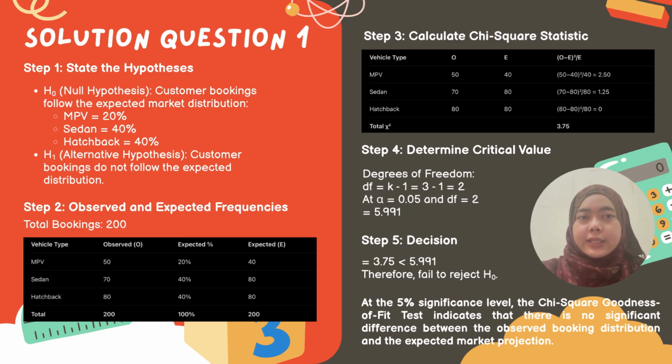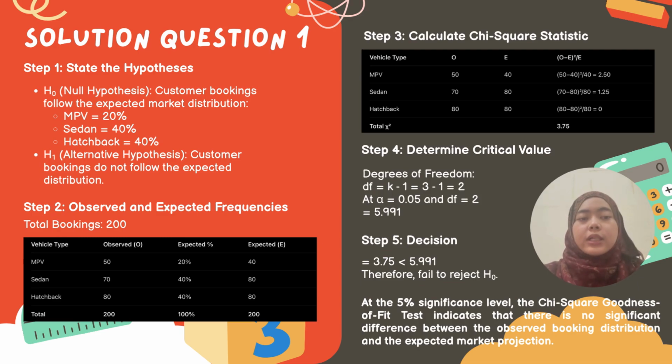This slide presents a chi-square goodness of fit test conducted for Our Car, a local car rental startup. The company expects customer demand to follow the market distribution of 20% MPVs, 40% sedans, and 40% hatchbacks. To verify this assumption, a random sample of 200 vehicle bookings was collected. The observed bookings were 50 MPVs, 70 sedans, and 80 hatchbacks.